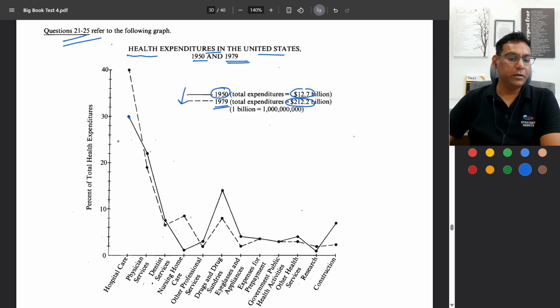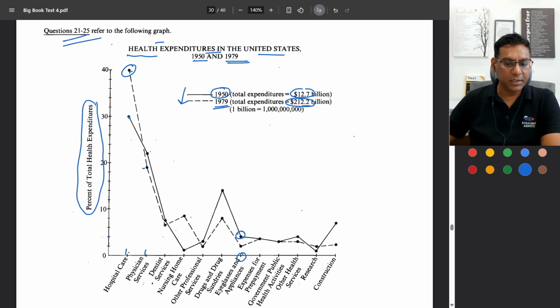But here I have these expenditures given in percentage, right? So if you add all these up, you should get 100, across different types of health expenditure. So hospital care was 40% of this 212 in 1979, or eyeglasses and appliances was whatever this 4% of 12.7 billion in 1950, that way.